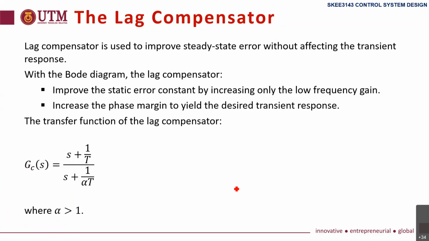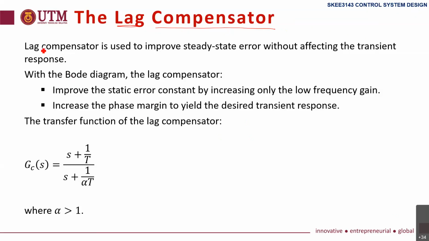Let's start with the first controller, which is the lag controller. Later you will see why they call it lag. Lag compensator. Normally in time domain we call it controller: P controller, PI controller, PID controller. In frequency domain, it is normally used as compensator, but they are actually the same, to achieve a certain objective.